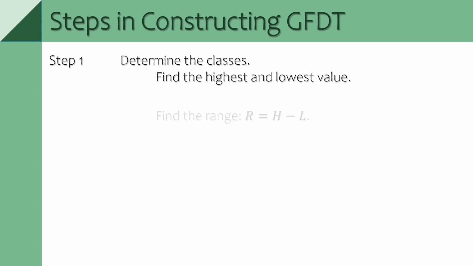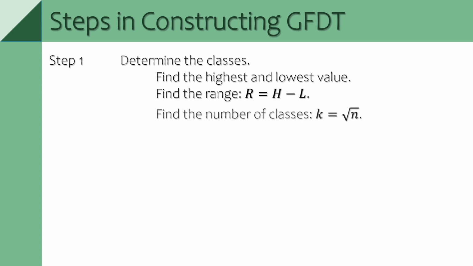After doing that, find the range using the formula R is equals to H minus L, or range is equals to highest value minus lowest value. Next is the number of classes. Okay, yung formula nito is K is equals to square root of N. Yung number of classes na to, ito yung number of rows. Okay.